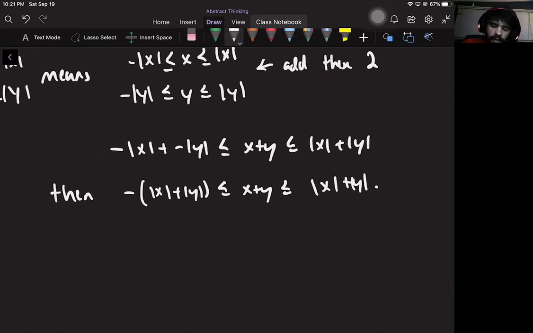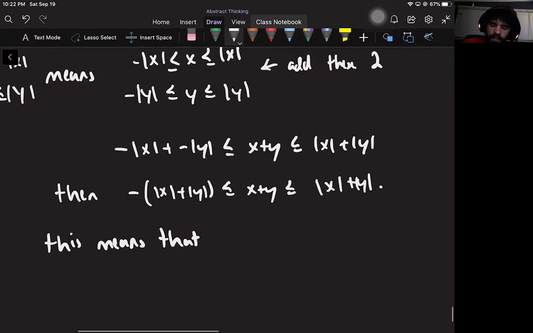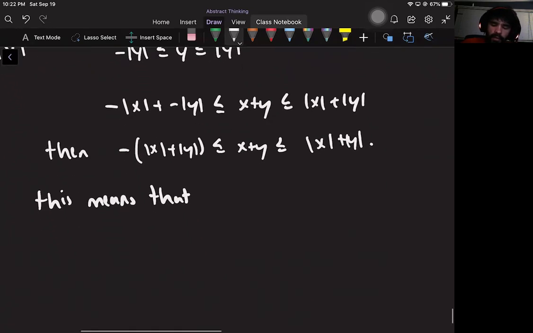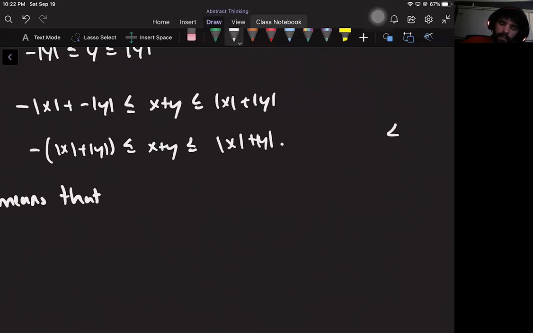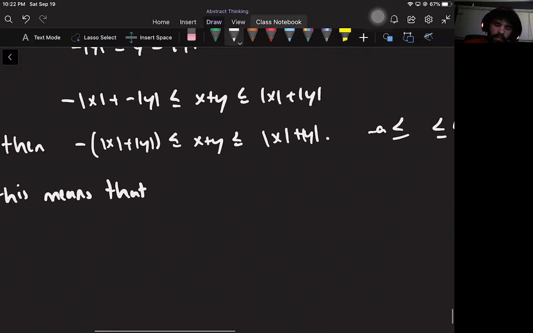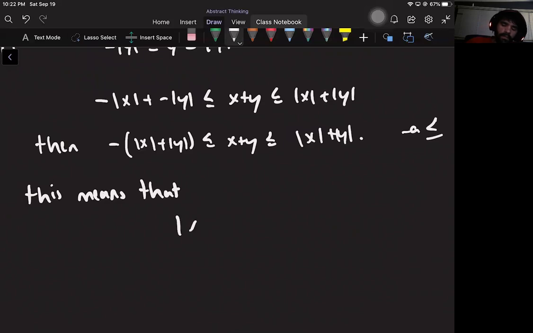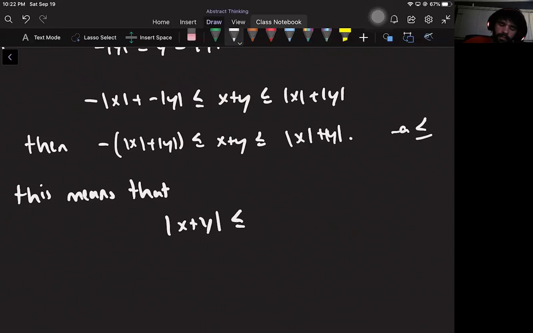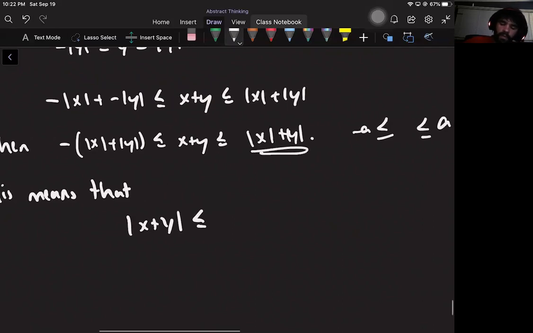All right, so now what I have is a number trapped between a positive and a negative. So this automatically means by statement 1, when you trap something between a positive and negative version of a number, this is really just saying something is between a and negative a, then I can put an absolute value around that middle thing and say that it is less than or equal to a, which is the one on the right.